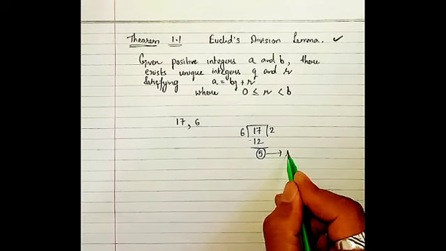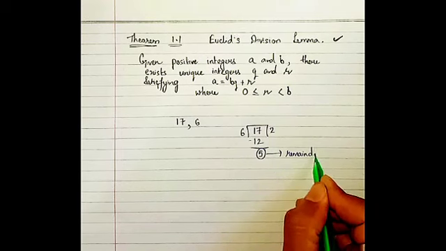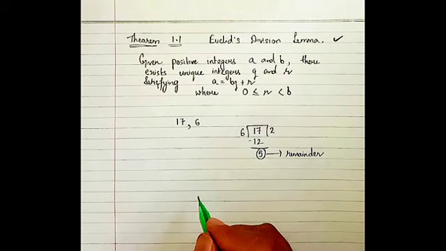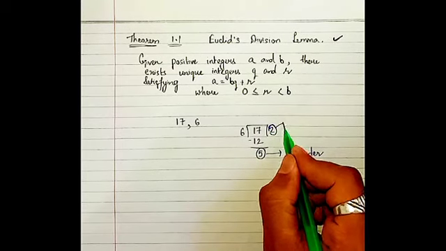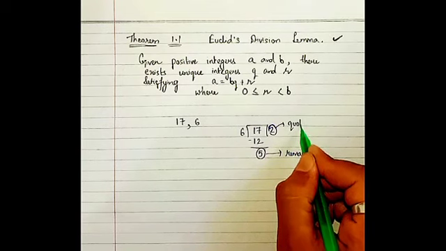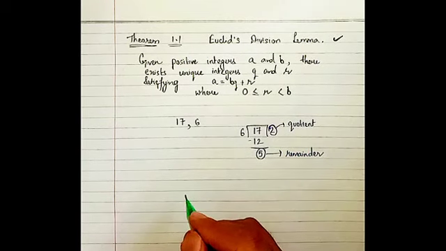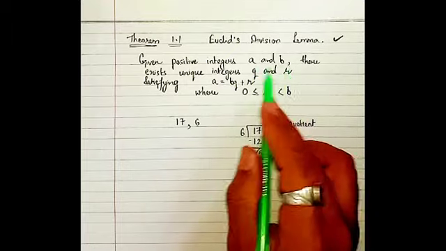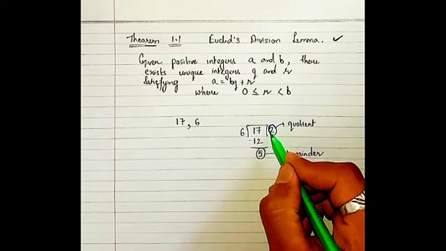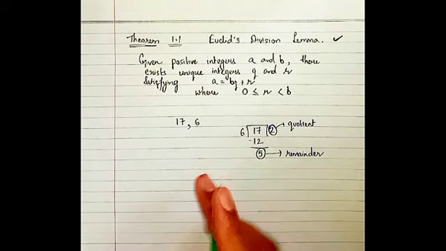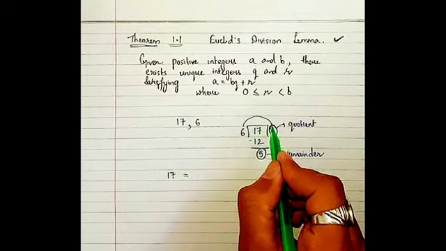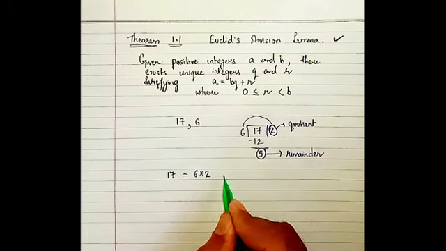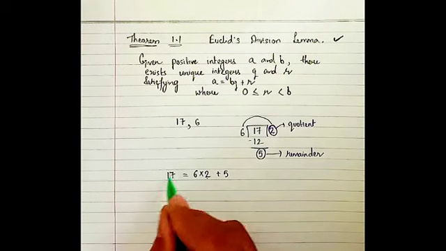So this is my remainder, and this number is my quotient. Now if I need to write 17, I can write it as 6 twos are 12 plus 5, that is 17.